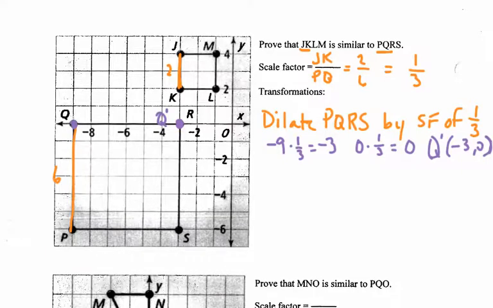Let's do R. So R had the coordinates -3, 0. So if I multiply those by 1/3, -3 times 1/3 equals -1, and 0 times 1/3 is 0. So R prime has the coordinates -1, 0.